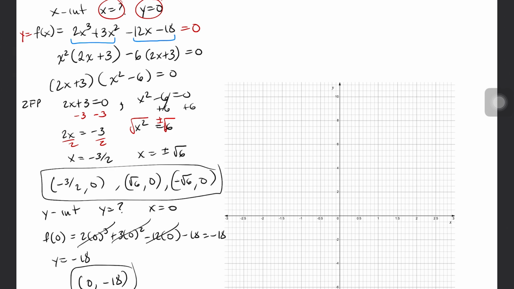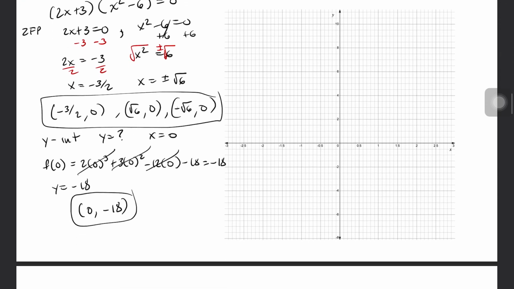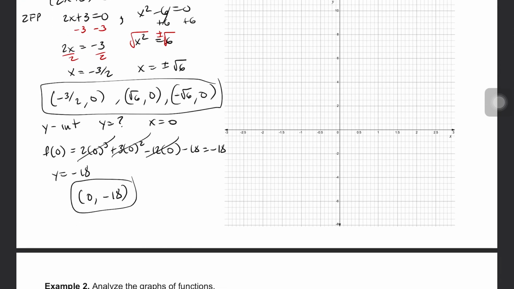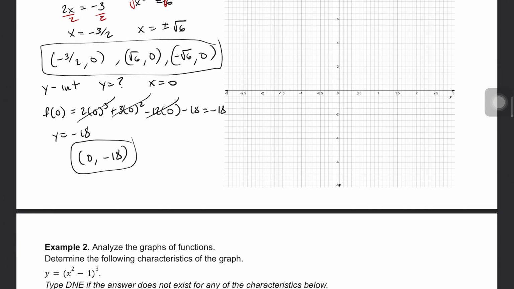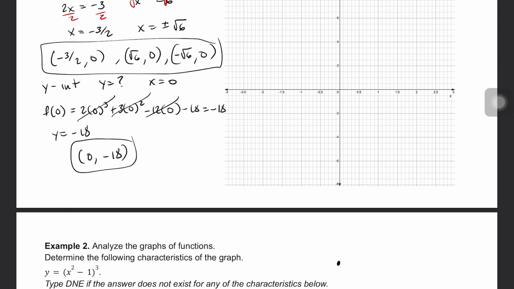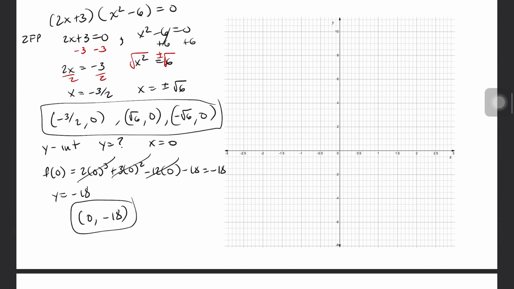Now we're going to find where these happen on the graph. Negative 18 is beyond this scale, so that might be somewhere down here. Negative 3 halves is negative 1.5, so that's 0 right there.